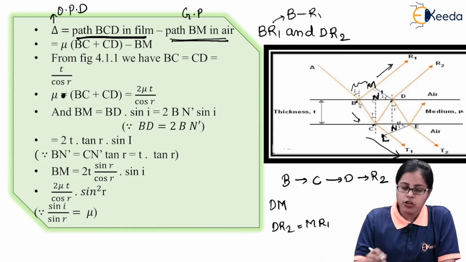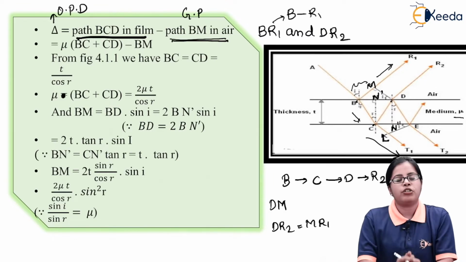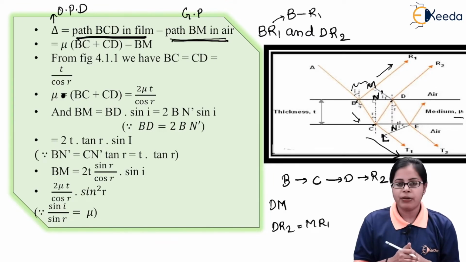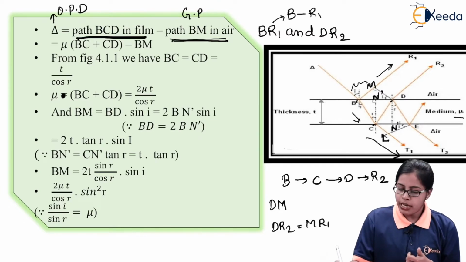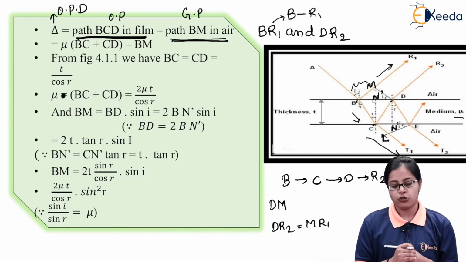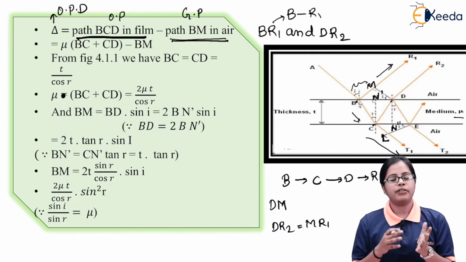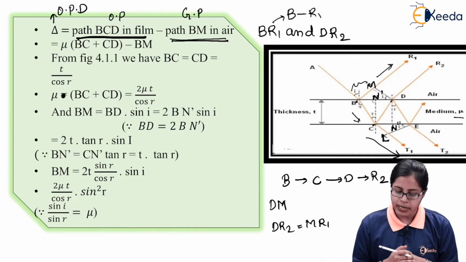And when you talk about path BCD, it is lying in the medium of refractive index mu. So if I want to get the optical path over there, optical path will be nothing but mu times the geometrical path. So to get the optical path difference, you subtract the geometrical path from the optical path.